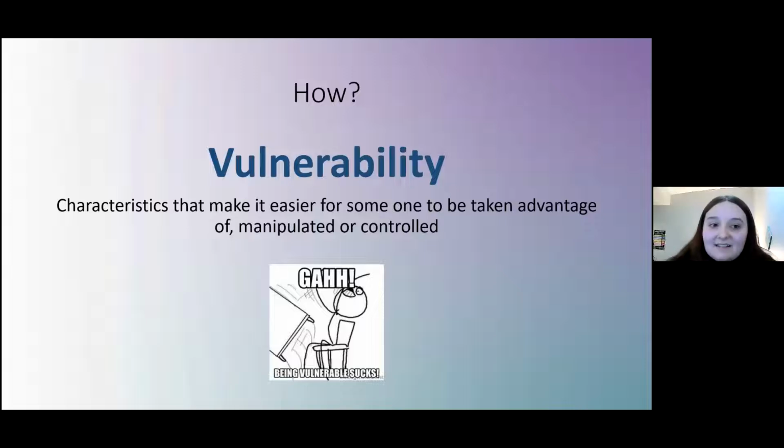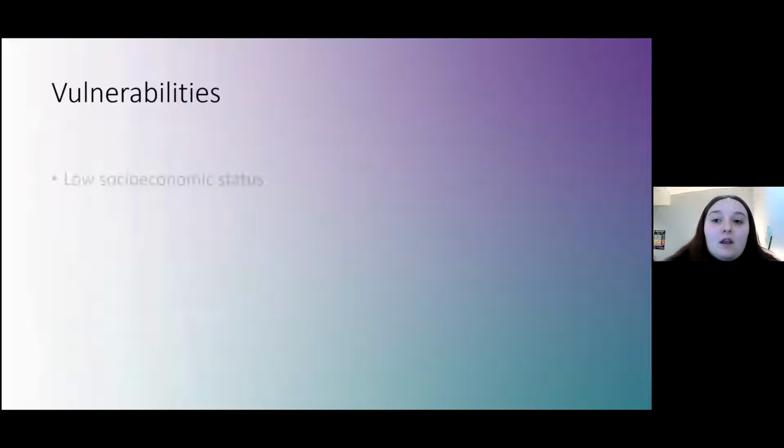So how does this happen? Well, vulnerabilities are one of the ways that it happens. We all have vulnerabilities, and vulnerabilities are characteristics that make it easier for someone to be taken advantage of, manipulated, or controlled. It's important to note that vulnerabilities don't indicate that an individual is being trafficked, but it puts them at a higher risk of being trafficked.